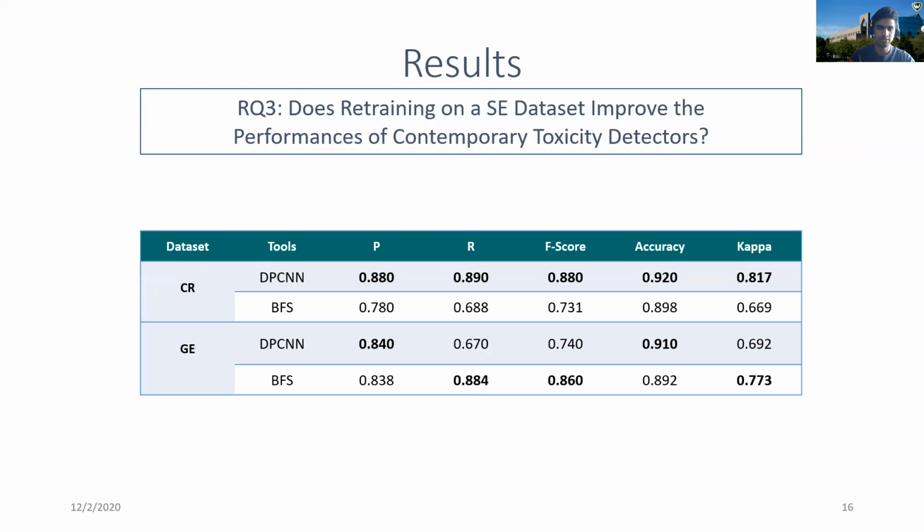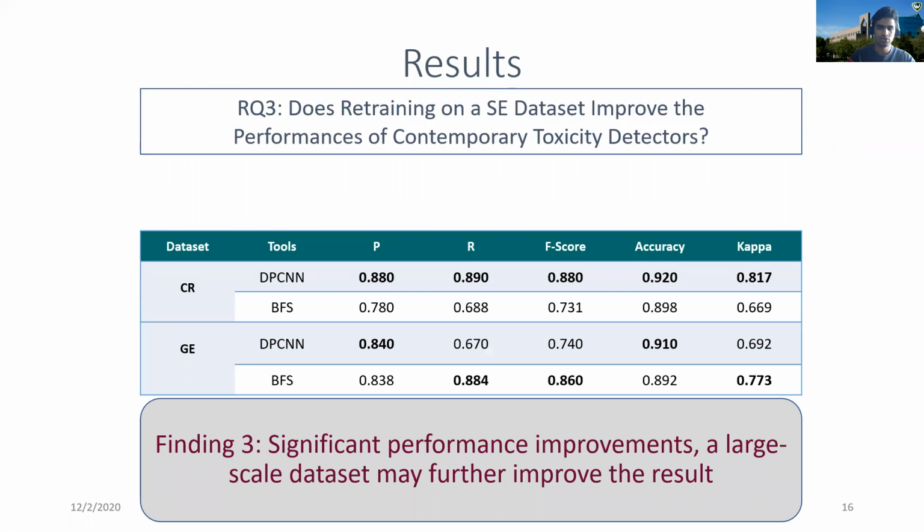But there is a lot of scope to improve the recall and F score. So our finding 3 is that there are significant performance improvements from retraining, and a large scale data set may further improve the result. So here our result is based on the tenfold cross validation of our data set.